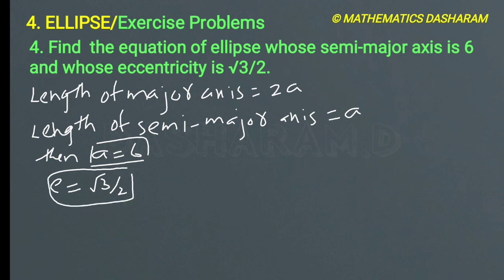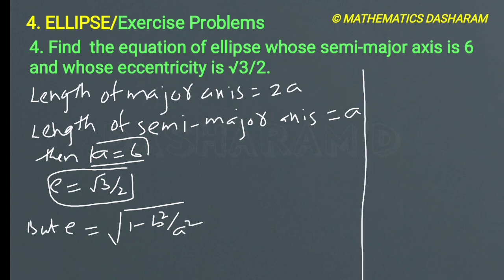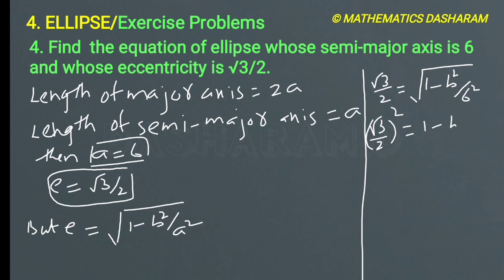Next we need to find out the b value. To find it, what I am doing, using the e formula, that is under root 1 minus b square divided by a square. So then e value, how much? Root 3 by 2. It is equal to under root 1 minus b square is required, a square, that is 6 square. Now square root transpose to left side. So root 3 by 2 whole square equals 1 minus b square divided by 36.